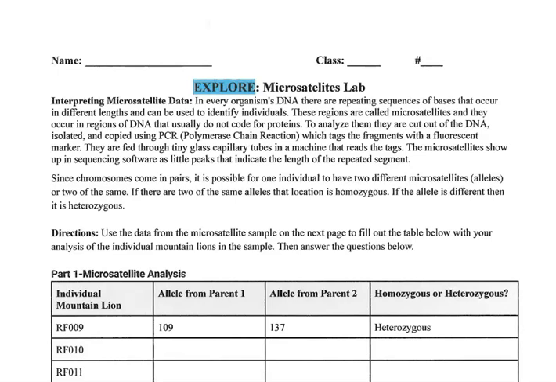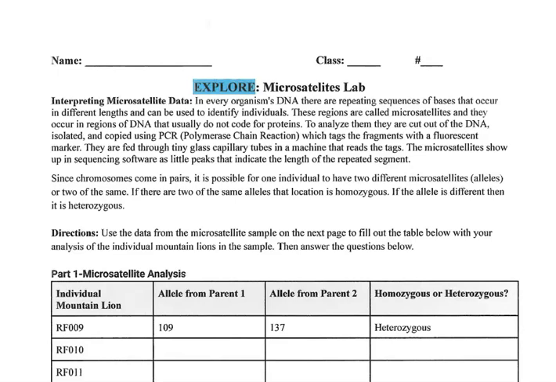Lactase is an enzyme that breaks down lactose, which is milk sugar. Lactase is an enzyme, but it's also a protein. And proteins are a specific sequence of amino acids. So in this lab, we're going to be looking at regions of DNA that don't usually code for proteins, okay? And we are going to analyze them.